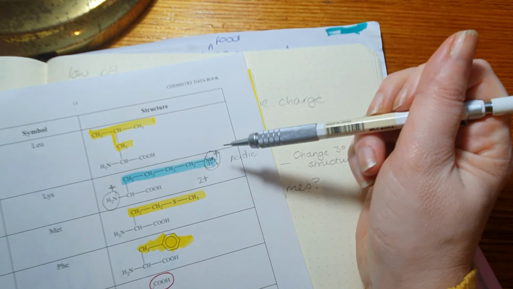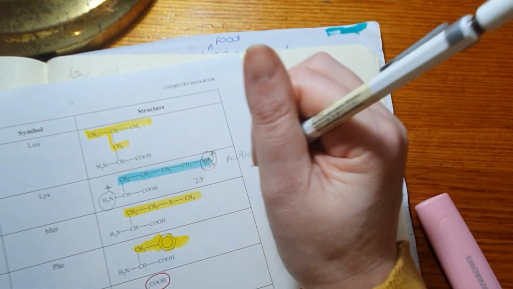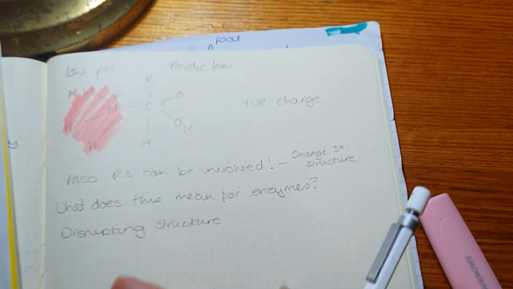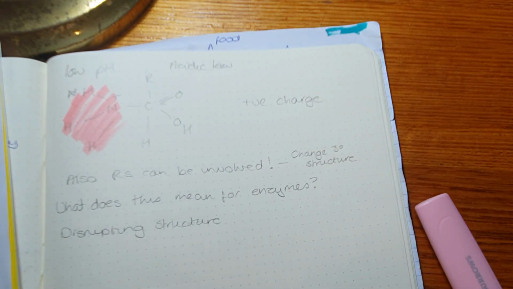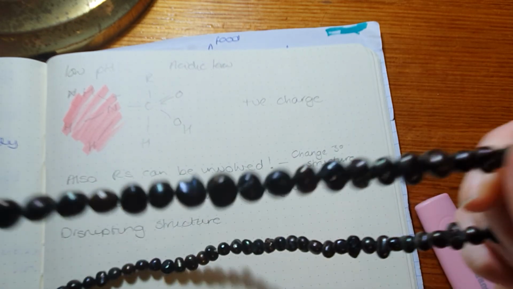So think about, we've got this now here and here. That's going to affect our hydrogen bonding. It's going to affect our structure. And again, the same thing's going to happen as with our temperature. We're going to have that disruption happening to all of those bonds in between. Again, no effect on the covalent bonding.